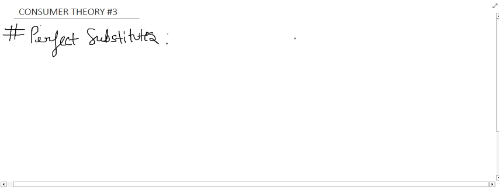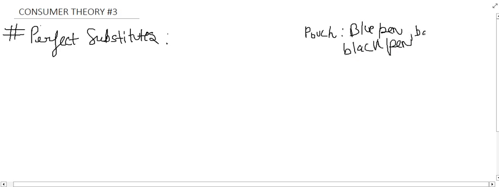First of all, let's talk about an example. You are all in college, so you must be carrying your pouch, in which you keep some of your stationery, like a blue pen, or you might be keeping a black pen also. In blue pens you must be keeping some ball pens and some gel pens.